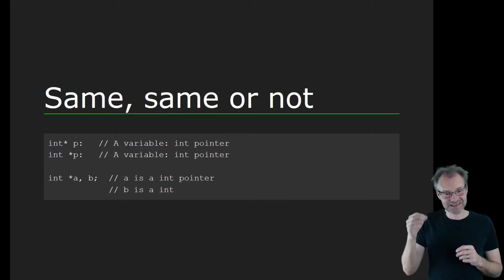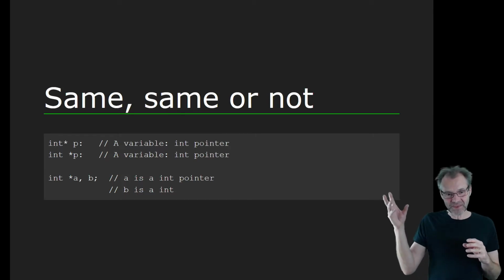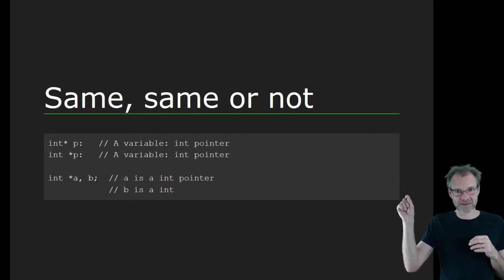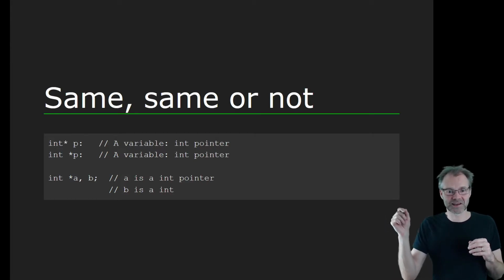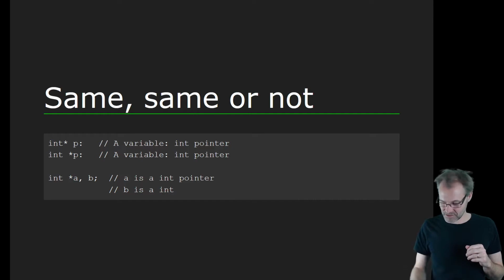There we are actually declaring an integer pointer a, and then b, that is just an int. So that is not an integer pointer. So they look the same, but are not. So keep some notice on how you declare the variables. But this is how it works. So good to know.